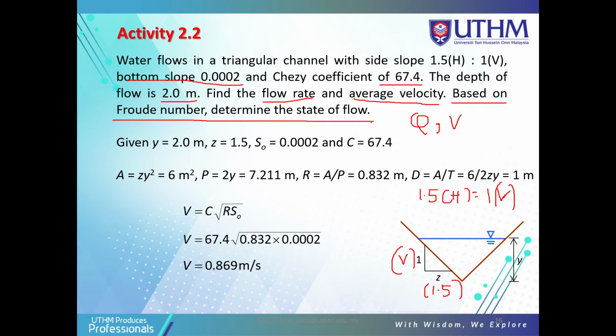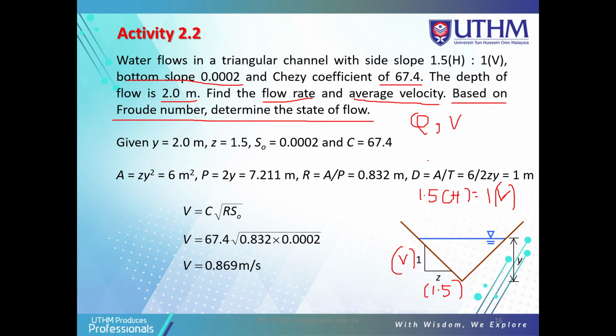If we use Reynolds number, we know that the state is laminar, turbulent or transitional. But using the Froude number, we know that the flow is subcritical, supercritical or critical.